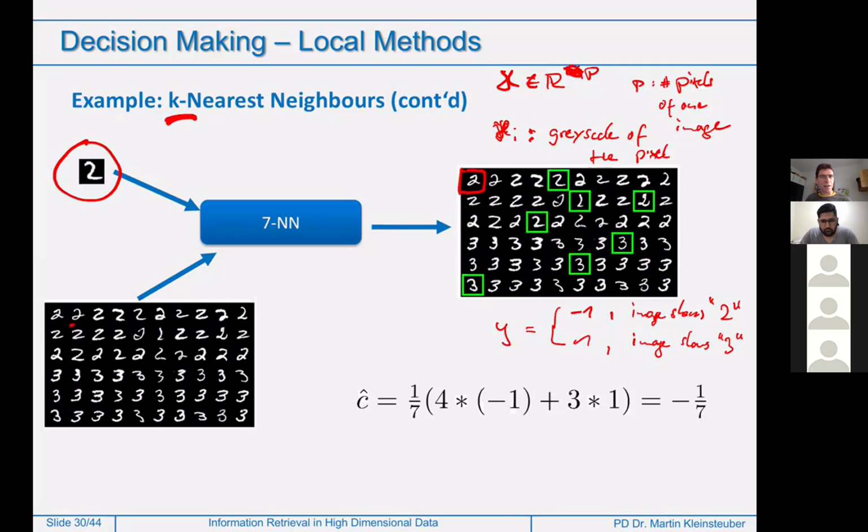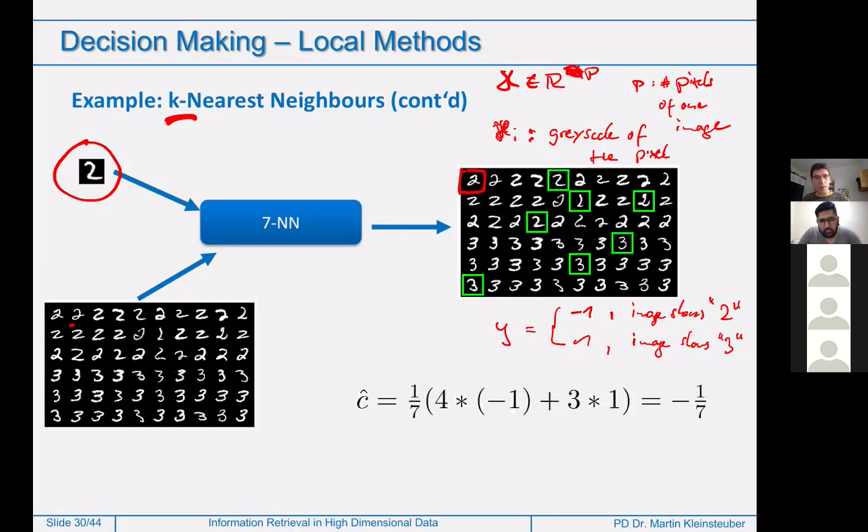The larger we choose k, the more we deviate from what the theory tells us about local decision making. But k=7 is chosen here in that example, and so we look at what are the 7 nearest neighbors to this image, and nearest was measured with the Euclidean distance.